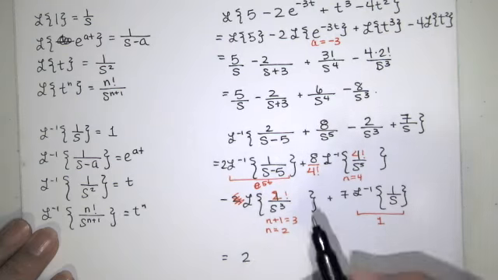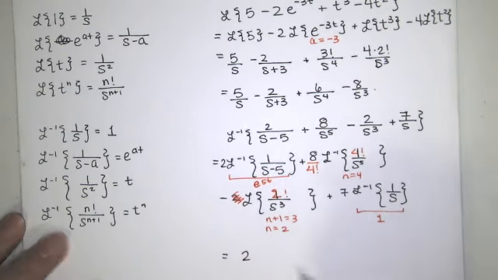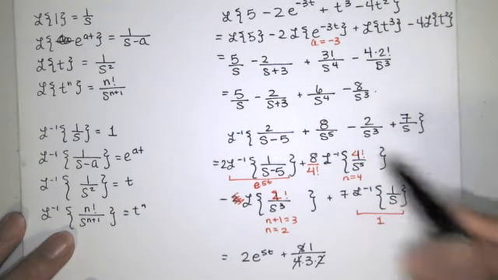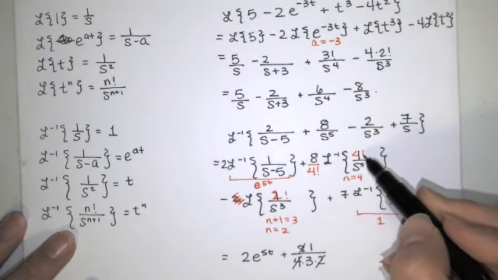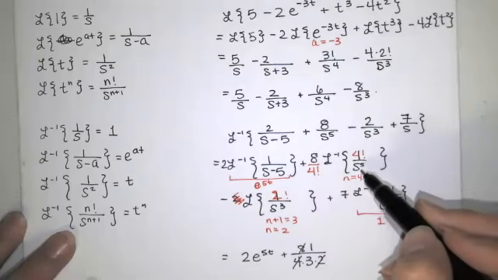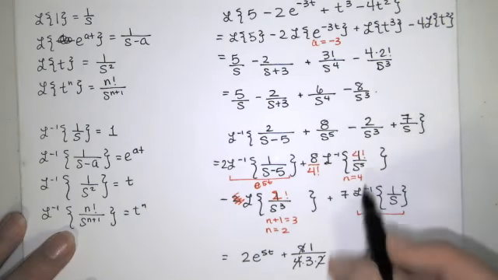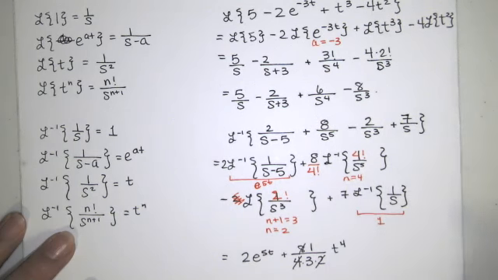So we'll have 2 times the inverse transform of 1 over s minus 5, which is e to the 5t. And then we've got 8 over 4 factorial. So that's 4 times 3 times 2. So the 4 and the 2 reduce with the 8, and you end up with a 1/3 times this, the inverse transform of 4 factorial over s to the 5th. That's going to be a t to the 4th because n is equal to 4 there.